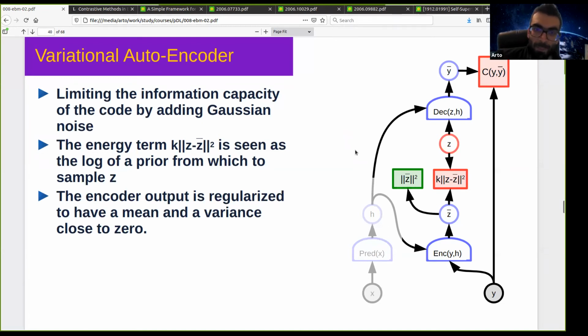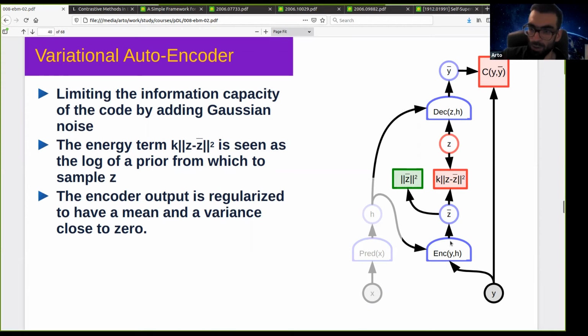And the encoder here will produce the parameterization of a distribution from which we will sample z, and then we feed this perturbed, or randomized, version of z to the decoder to obtain the reconstruction, right?